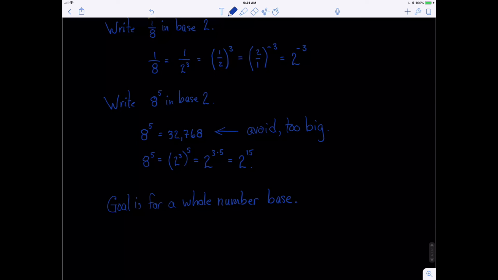Usually you're going to be looking at 2, 3, 4, 5, and on up. You're not going to use 0 because 0 to anything is 0, and you can't use 1 because 1 to anything is 1. But 2, 3, 4, 5, and on, those are all good choices.